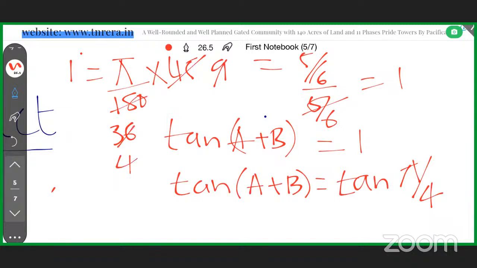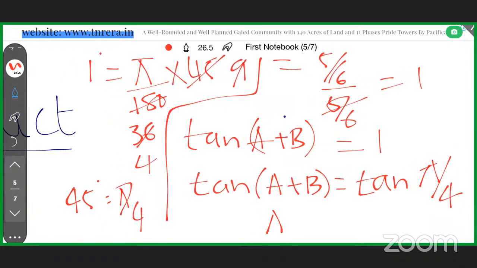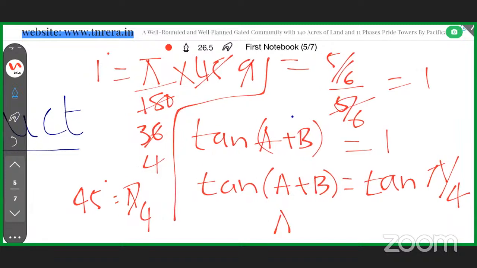This is how you simplify it. So tan inverse cancels, and the value of A plus B is equal to pi by 4.